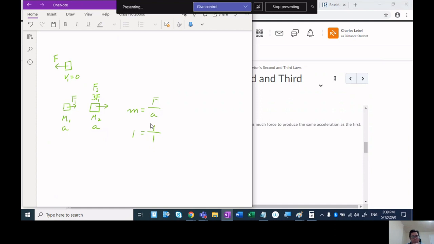Right, and you can say, well, if it's 3 times that, you're starting to see where I'm going with this, then it's 3 times also. There's like 1,000 ways to do this. This is a representation. M1 would be equal to F1 divided by A. That's true. And we can say M2 would be equal to F2 divided by A, or 3F1 divided by A.